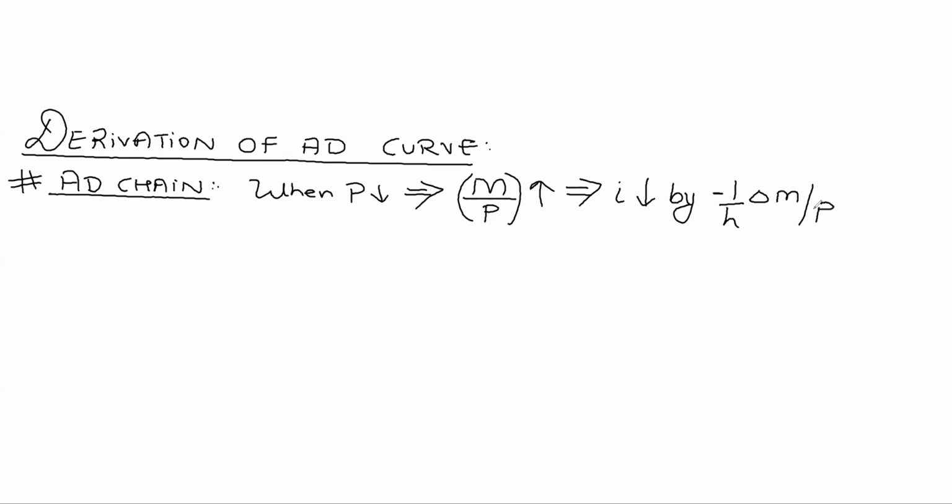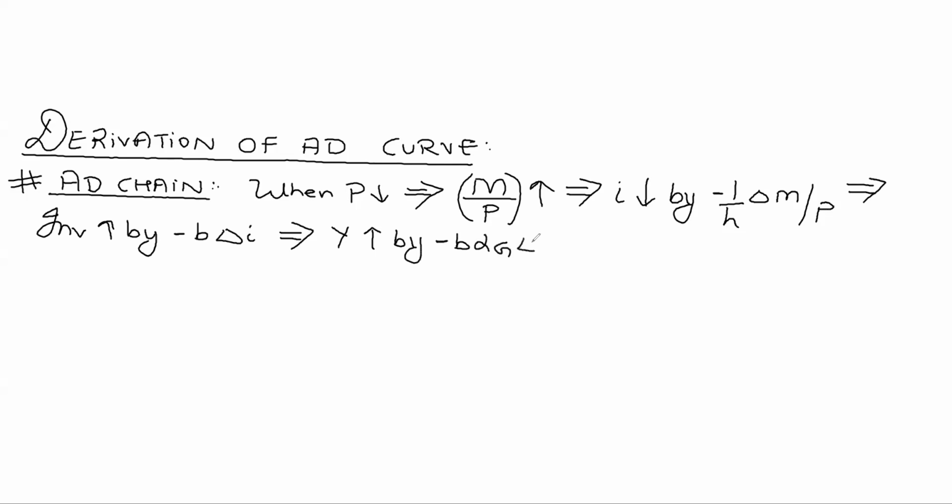Minus 1 upon h times change in M by P. When interest rates fall, investment in the economy increases by minus B change in I. When investment increases, output increases by minus B alpha G change in I.